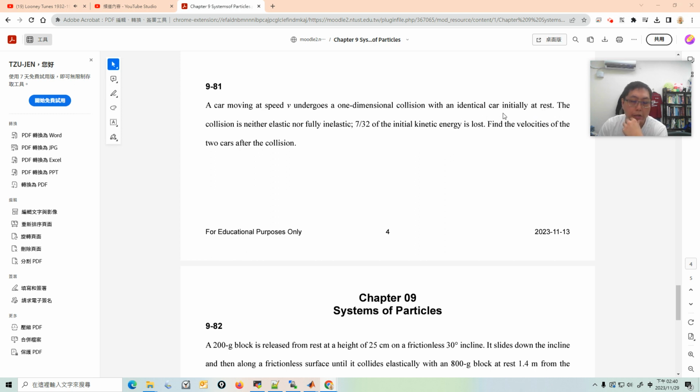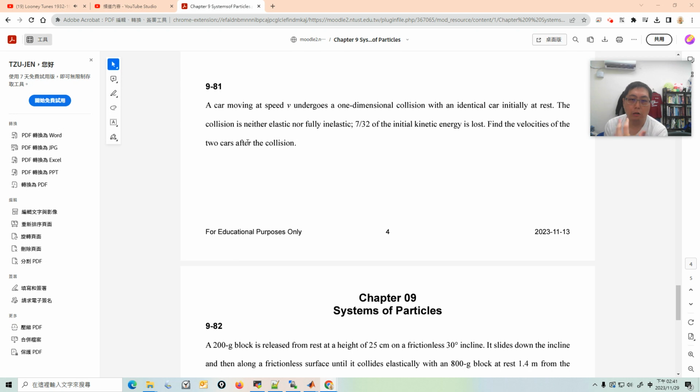The collision is neither elastic nor fully inelastic, and 7/32 of the initial kinetic energy is lost. We want the velocity of the two cars after the collision.